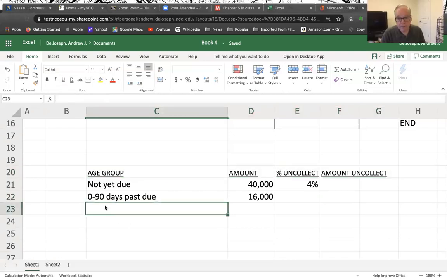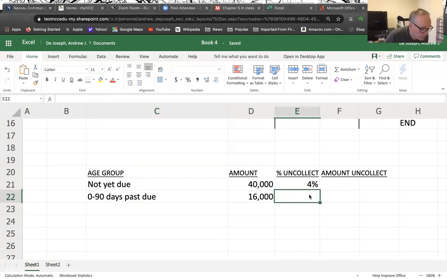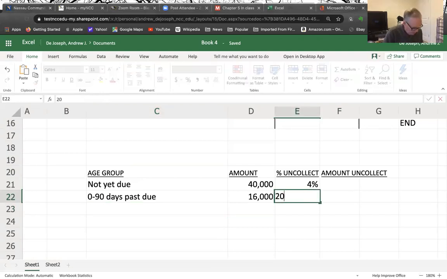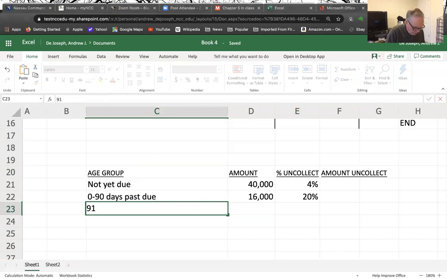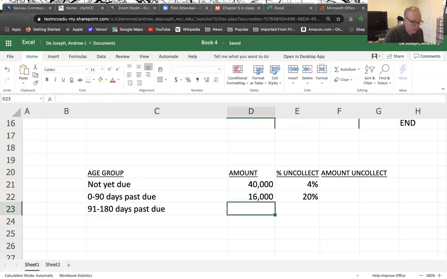So we got 0 to 90 days past due, and that was 20%. And then we've got 91 to 180 days past due.